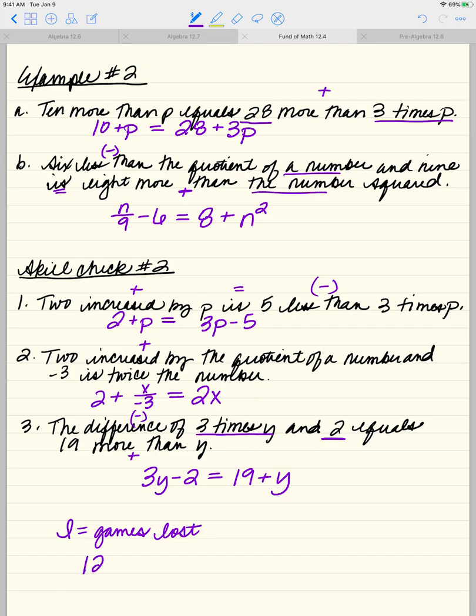So 12 plus the number of games they lost must equal 18. This is a complete answer for number 33. This is how your answers in Part C need to look. Okay? Let me know if you have questions.